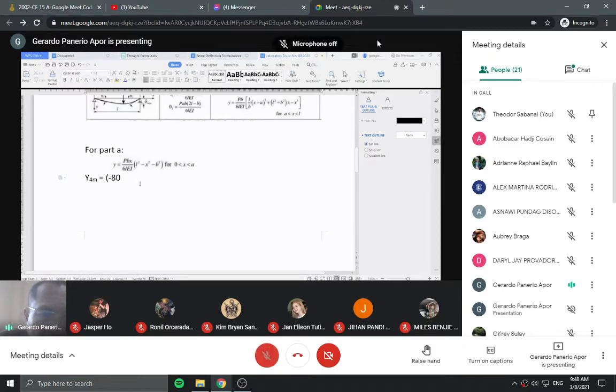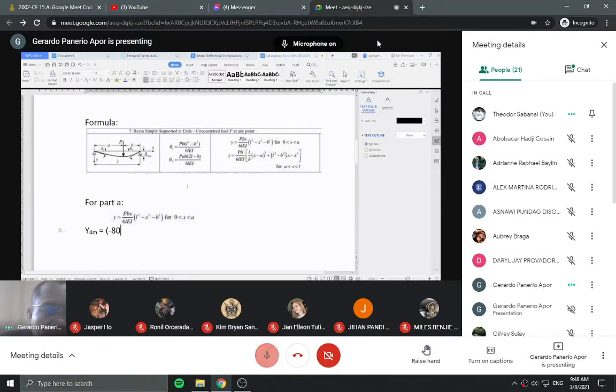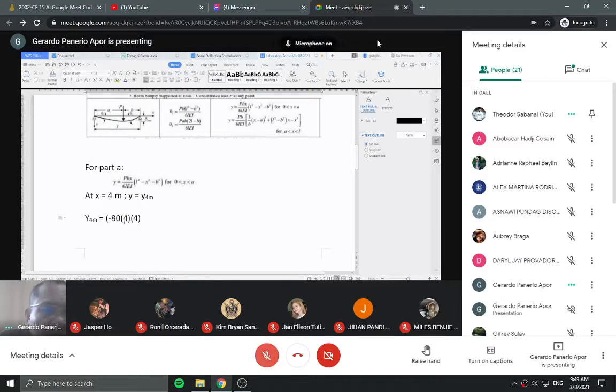And then times B. B here is equal to 4 because A is 6, so B is 4, and then X is also 4. Okay? At X equals to 4 meters, Y is equals to Y at 4 meters. Okay, so that when you do that, PBX is like that.